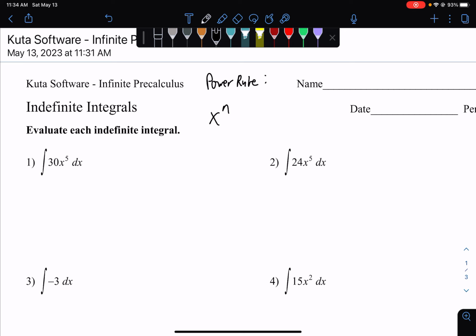If you're given something like this, this is the integral sign, by the way, x raised to n, the power rule says you just do x raised to n plus 1 over n plus 1. That should give you the antiderivative, basically the answer after evaluating each indefinite integral. So let's apply this rule.